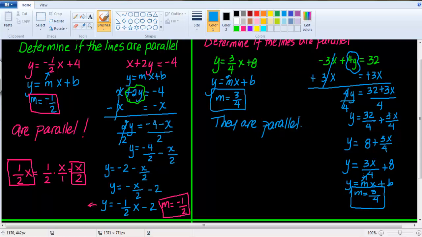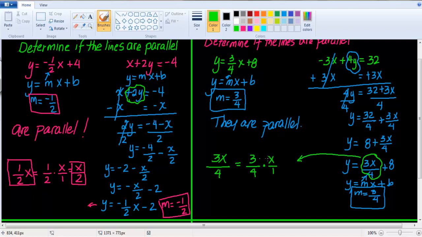Now, be careful here. I know some of you will be saying, wait a minute, but that's 3x over 4. That's not 3/4 times x. Let's go off to the side here so I can demonstrate. 3x over 4 is the same thing as 3 over 4 times x. Why? Because x is over 1.